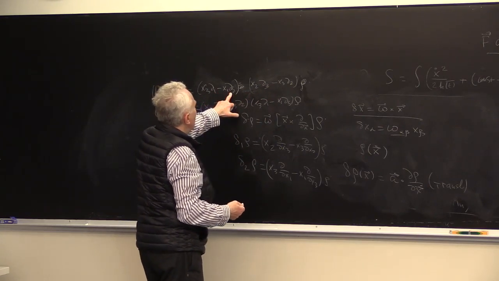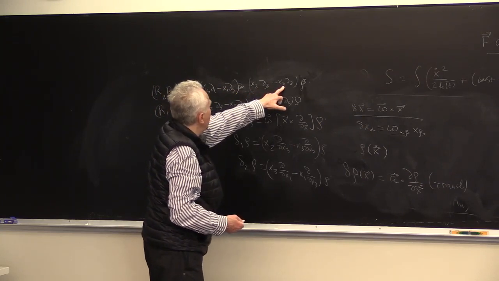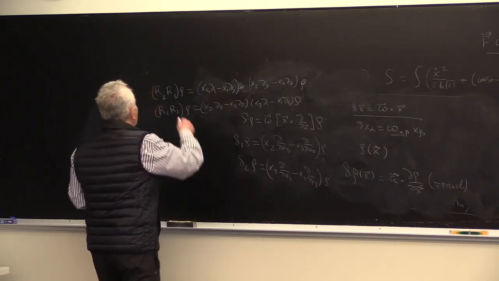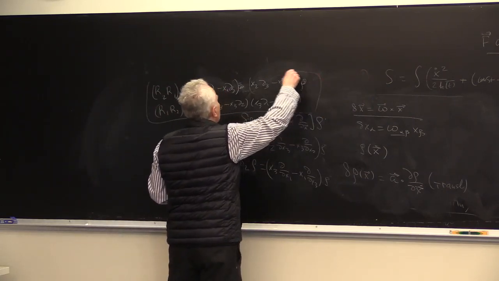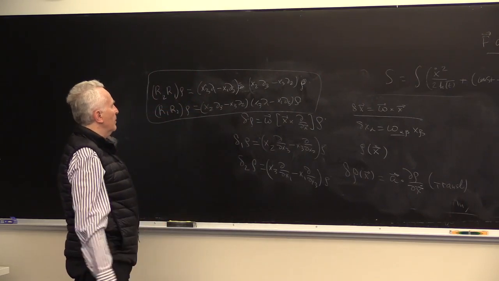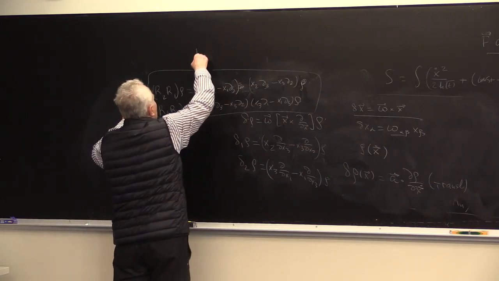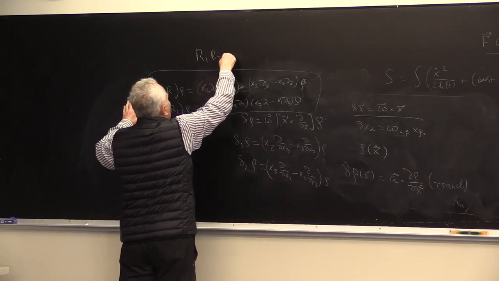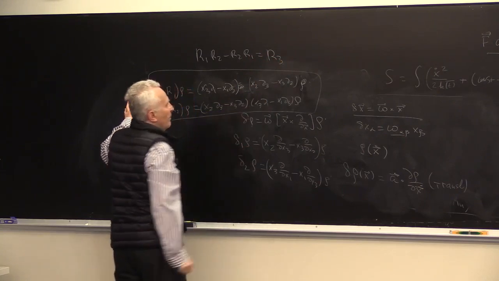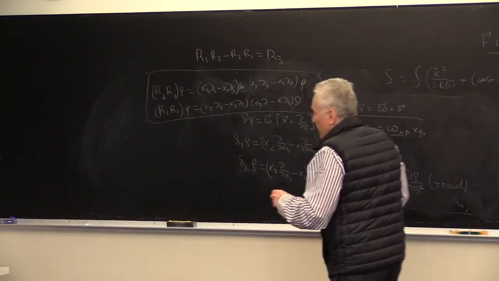But from the other one, you will get a non-trivial term which contains x1, d2, and so on. And if you complete the algebra, you will find that R1 R2 minus R2 R1 is equal to R3. I suggest you do this yourself, since we're out of time.